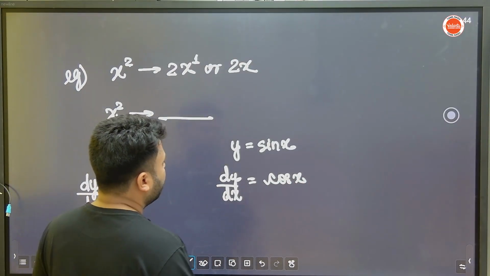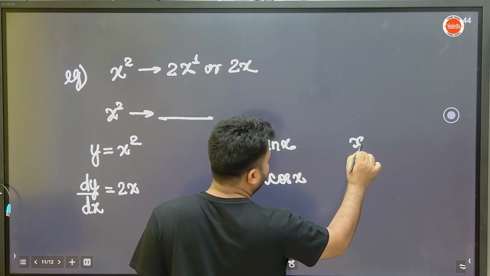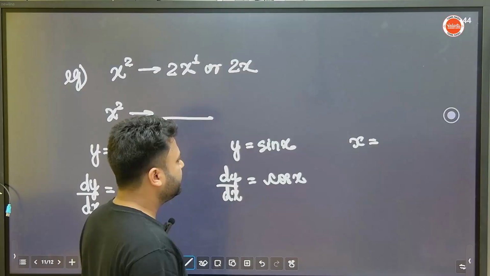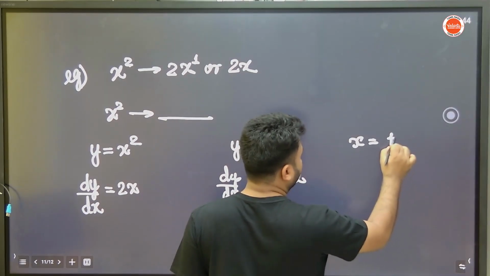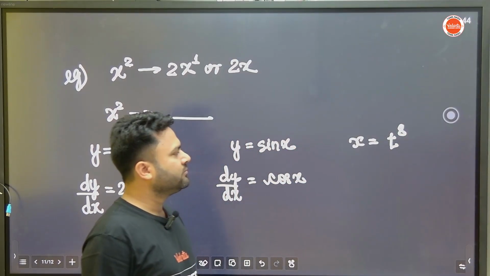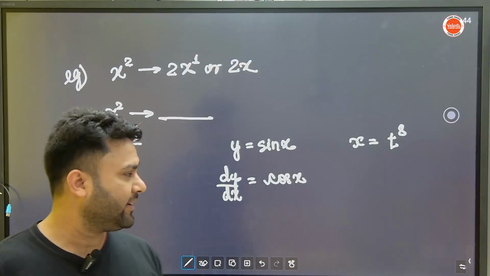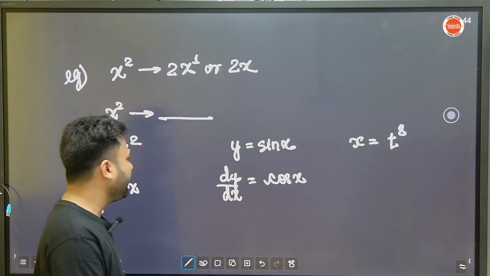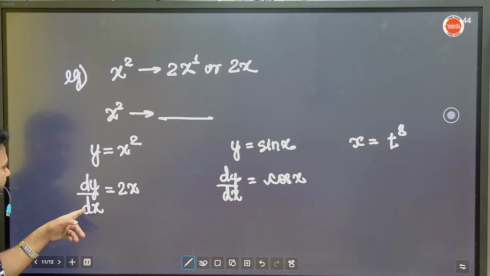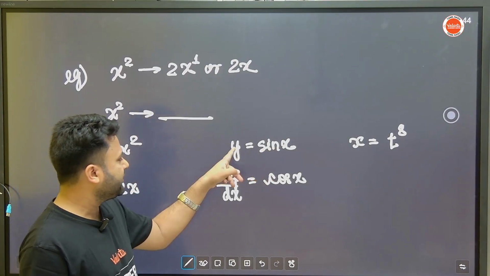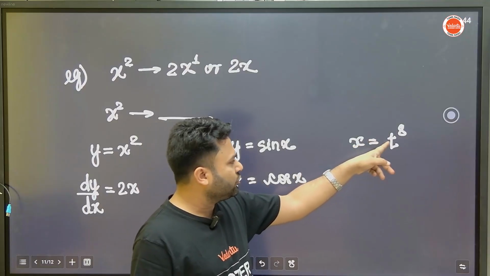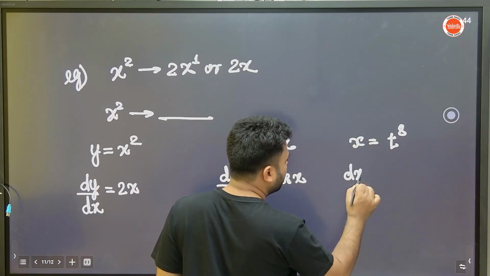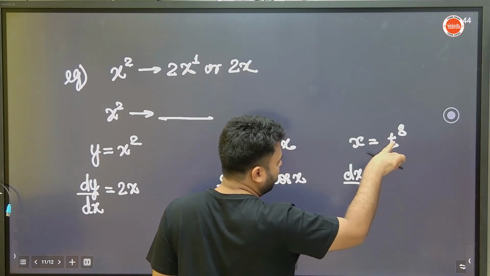You only tell, see, if they give x equals t to the power 8, this is our equation, then what should we write? See the pattern: y equals x square, dy by dx; y equals sin x, dy by dx; x equals t to the power 8. So here you will write dx by dt, since here we have variable t.